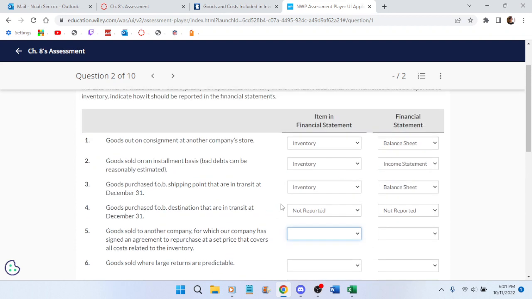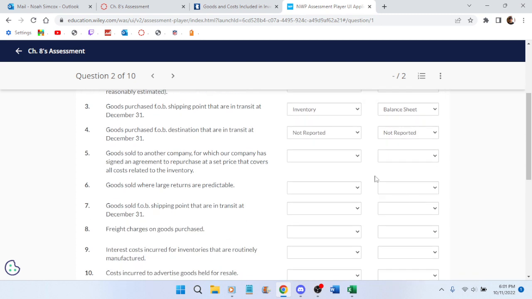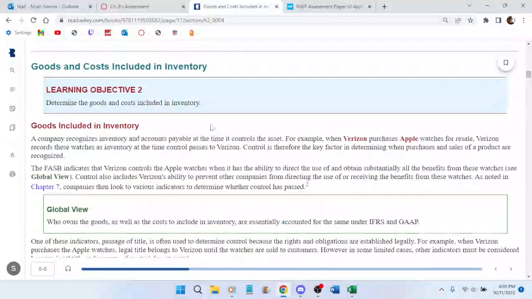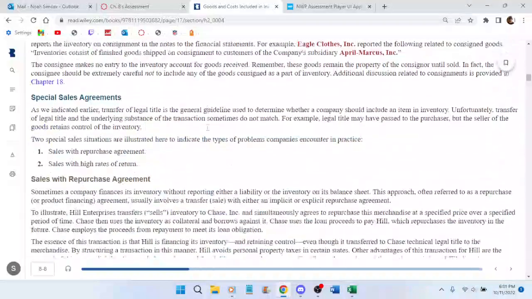Oh wait, I'm an idiot. If it's sold... Oh, jeez, I'm stupid. This one counts as cost of goods sold. So it's cost of goods sold, but I might be wrong. Crap. Repurchasing agreement or something, where is that? Oh, it's right here.